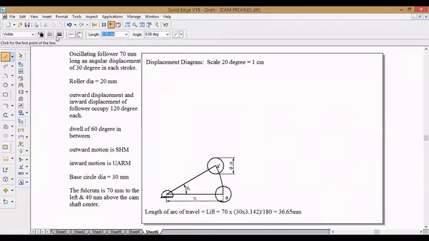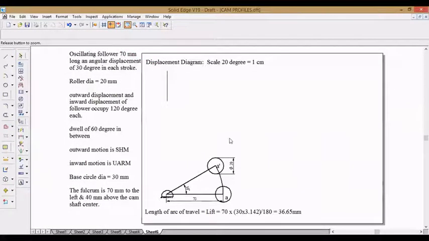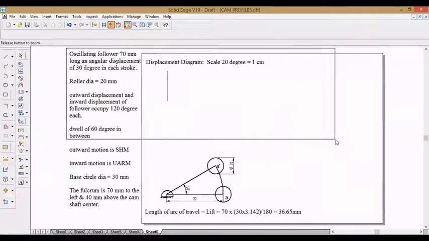Let us draw the displacement diagram. Total lift is 36.65 mm. And scale we are taking 20 degree is equal to 1 centimeter. So what is the first angle now?